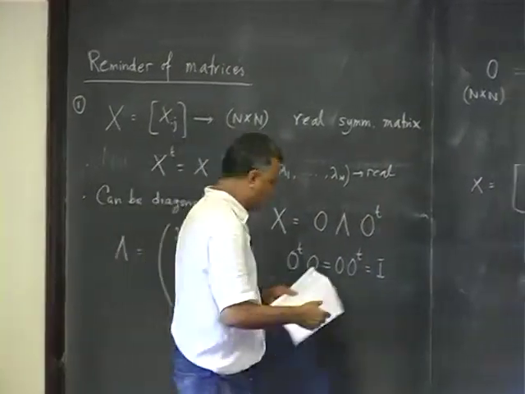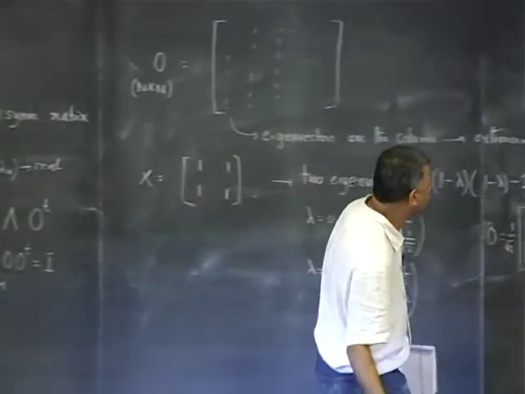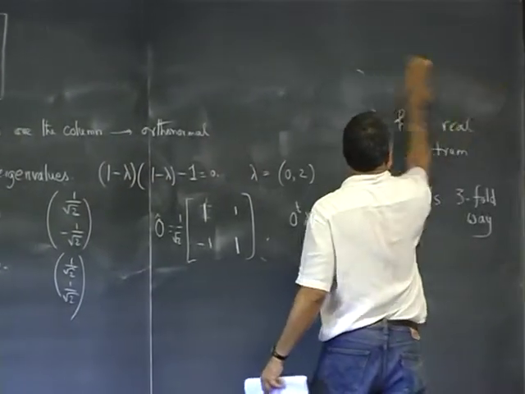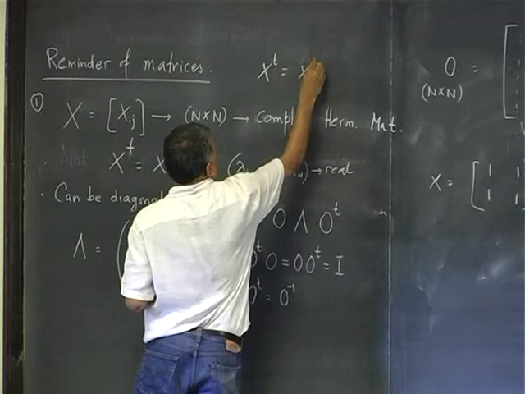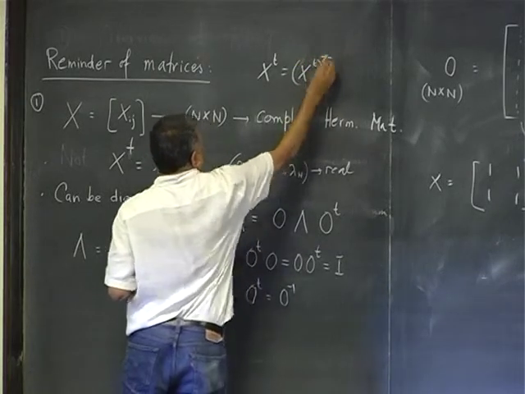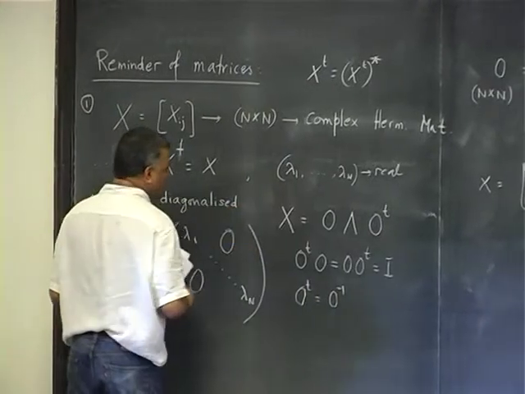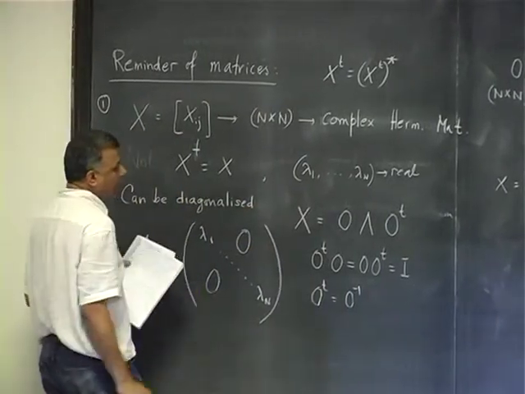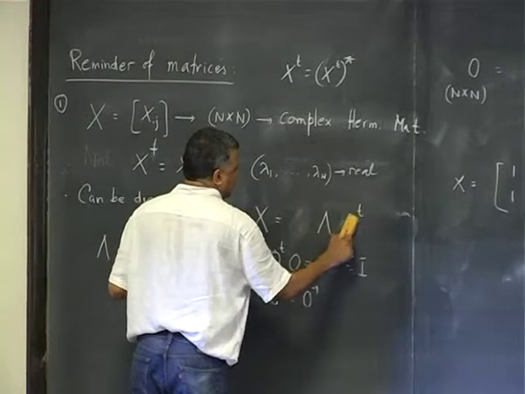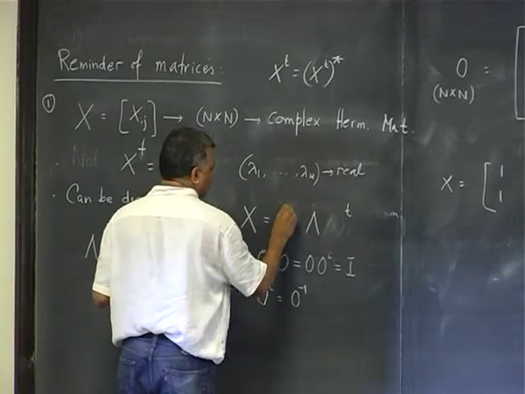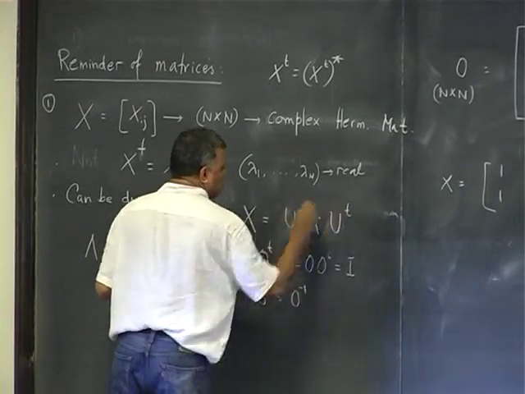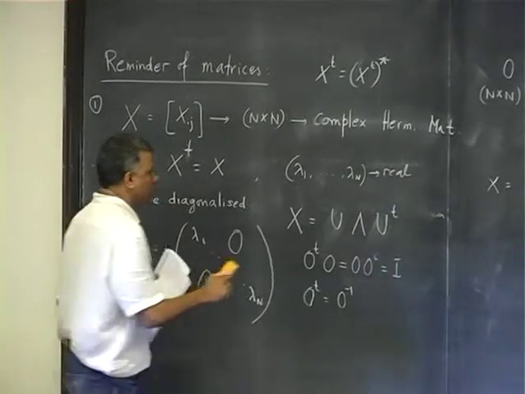And similarly, for a complex Hermitian matrix, transpose and then complex conjugation of that. Once again, all the eigenvalues are real, and this matrix can be diagonalized by a unitary transformation. So there will be U, U dagger if you like.